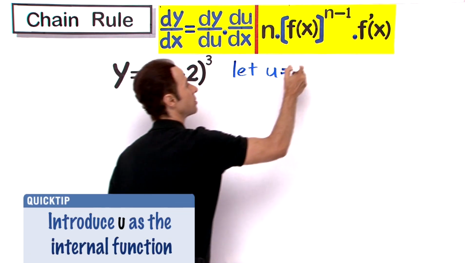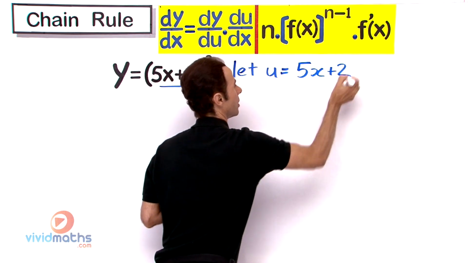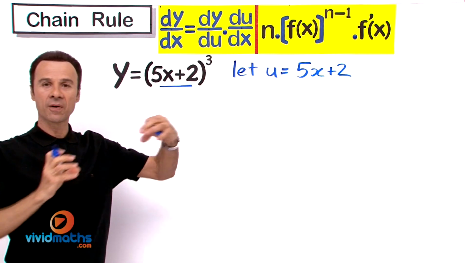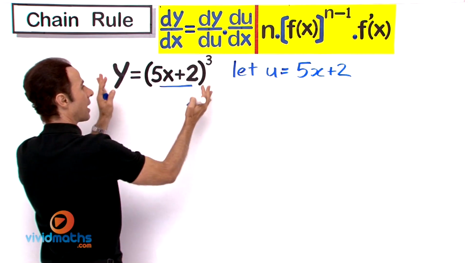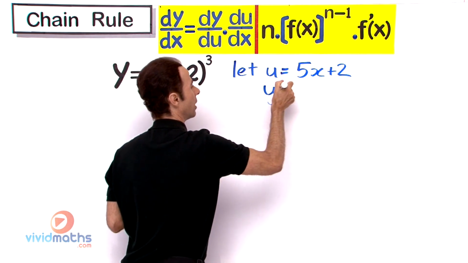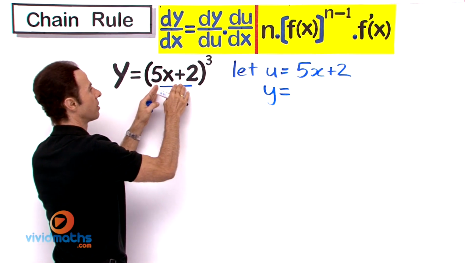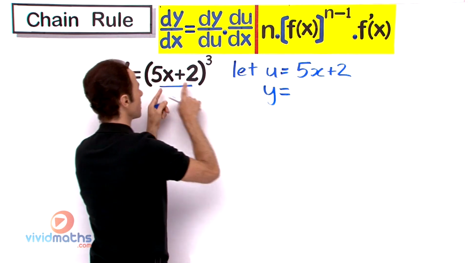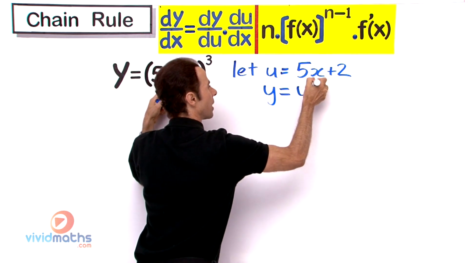So u equals 5x plus 2. That's one part of the link of the chain. So let's look at the other part of the link. Well, the outside part, because that's the inside, is the y part here, where we have y equals, and the inside part, well, that's the u, as you can see, that's the 5x plus 2. So let's call it u. There's the inside part to the power of 3, so y equals u cubed.